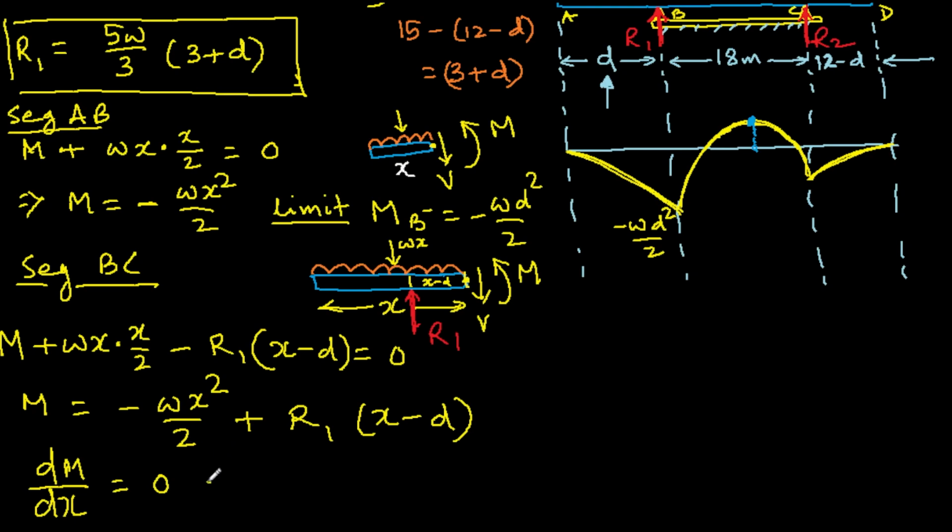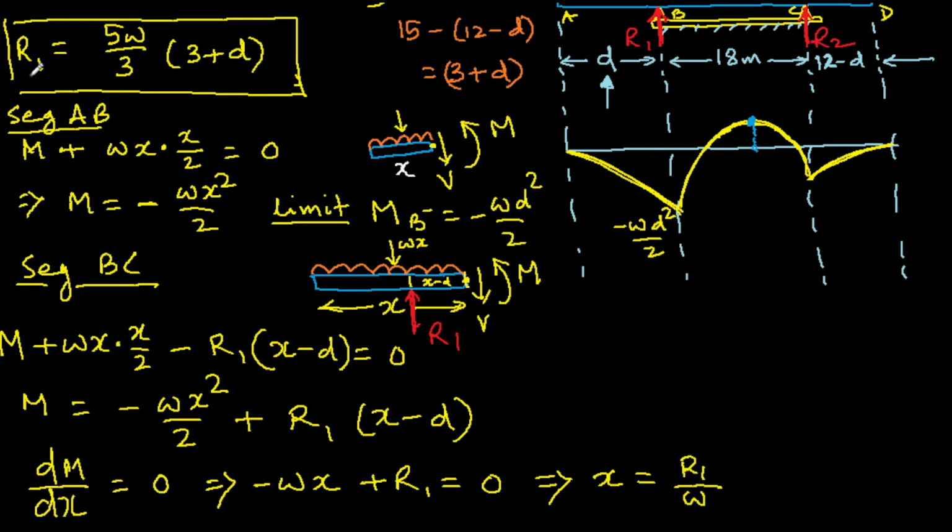So here that implies minus wx from here plus R1 should be 0, which implies the value of x will be R1 over w.